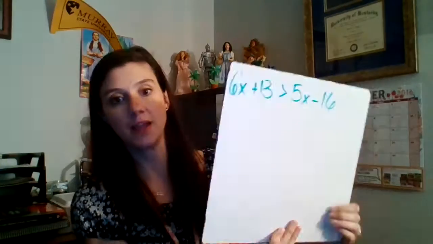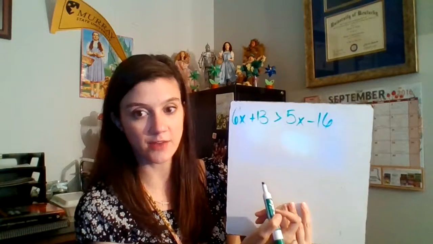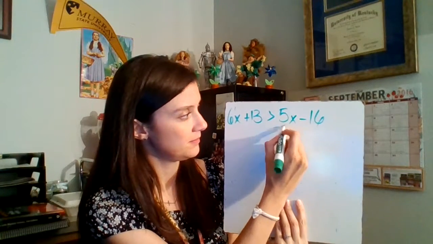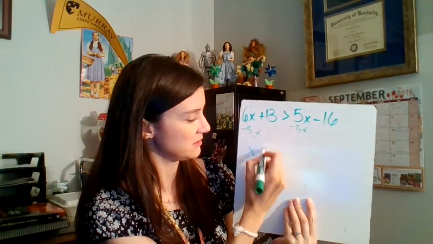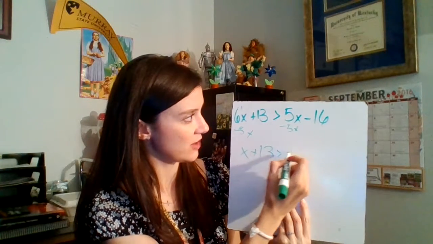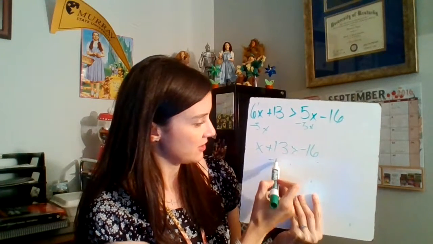The last one is 6x plus 13 is greater than 5x minus 16. Alright, combine the like terms, so I'm going to subtract 5x on each side. That'll leave me with x plus 13 is greater than negative 16. Subtract 13 on each side.